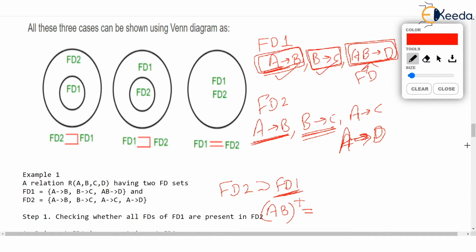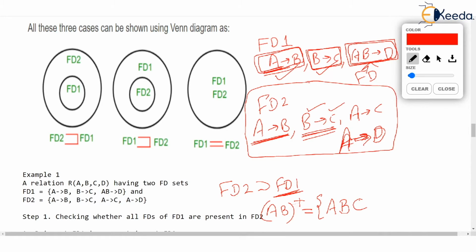Obviously, AB plus will contain AB, definitely. And what will A and B bring in? From FD2, you can watch that B can bring in C, isn't it? So C joins. And you can also see A can bring in D. So D joins. That's it.